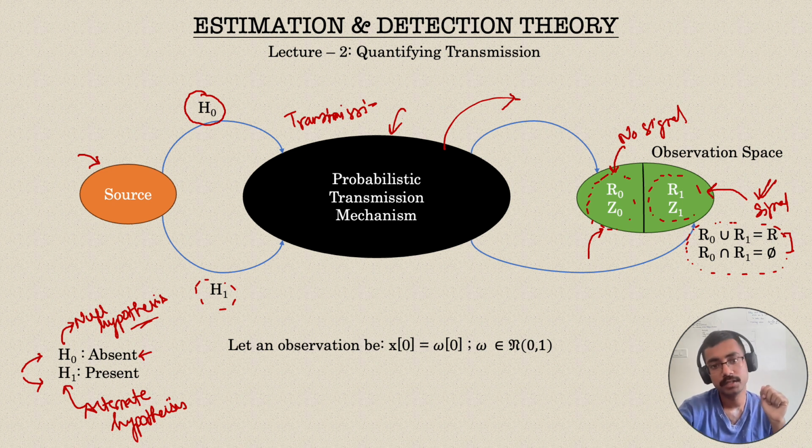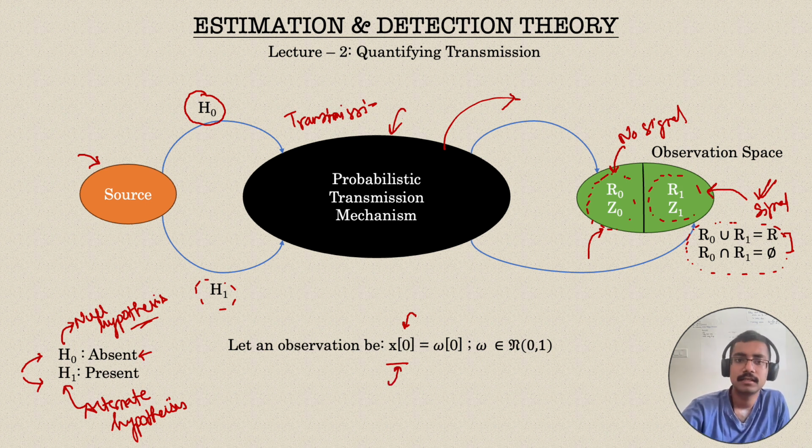For example, we have an observation X naught. X naught is a single sample, and we have a discrete set of observations, so we represent one sample by X0. That means the first sample.